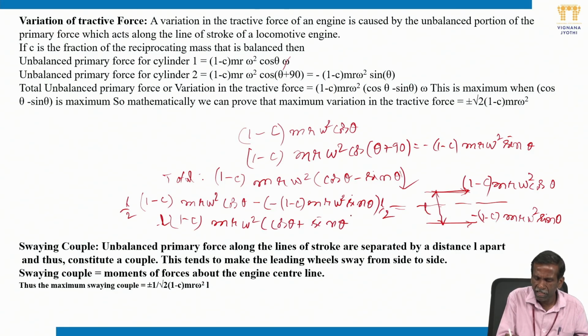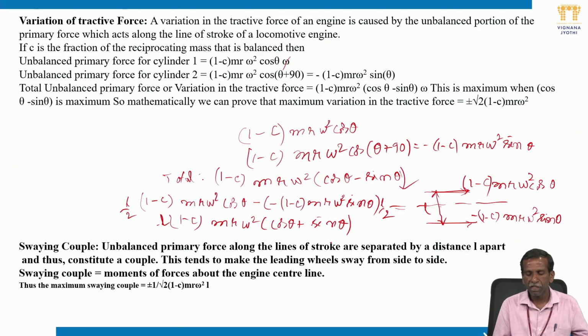When this becomes maximum, from simple mathematics, if you differentiate the cos theta plus sin theta term with respect to theta and make it equal to 0, you get the condition tan theta equal to 1, similar to the previous one. Then theta is 45 degrees or, in the third quadrant, 180 plus 45, 225. At these two values you get the maximum.